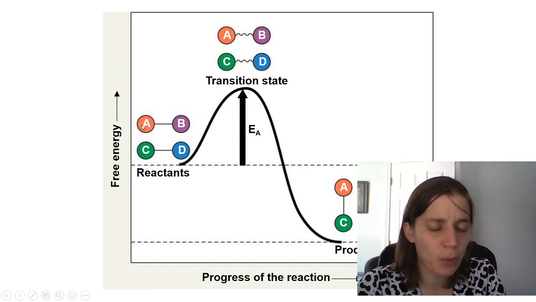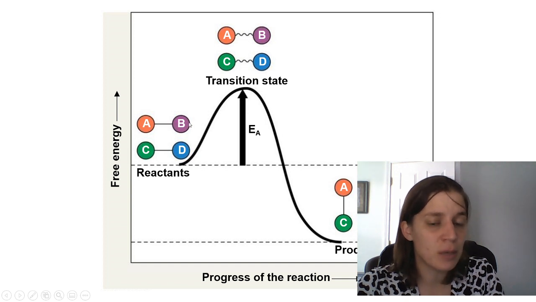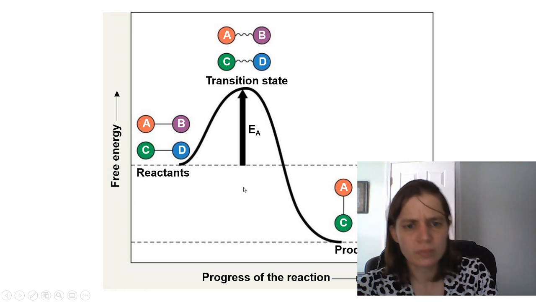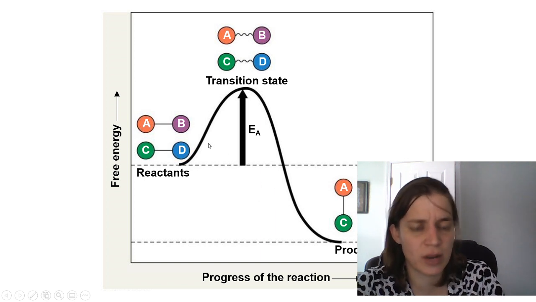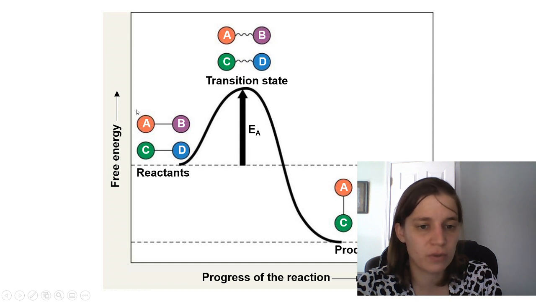The whole system would be more stable if A was attached to C and B was attached to D, right? So this is a much more stable configuration. There's a negative delta G here, so going from here to here is lower in energy, right? So this is a spontaneous process. This gives off energy when you do it. There's some amount of energy here that's given off. Higher energy, lower energy. Less stable, more stable.